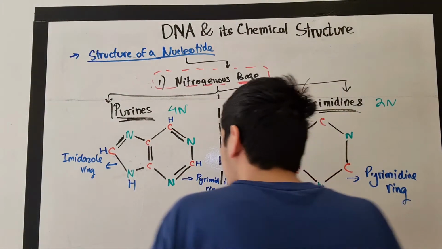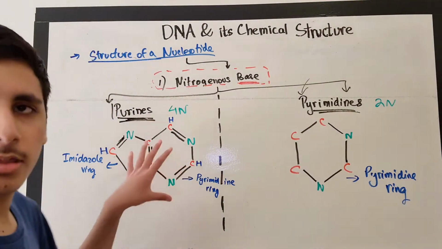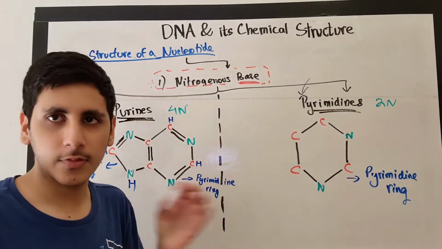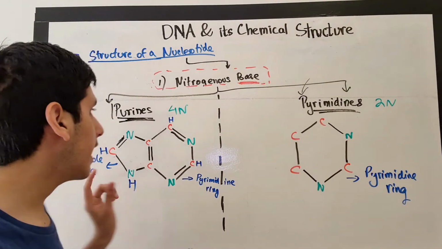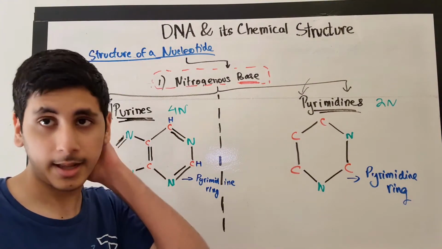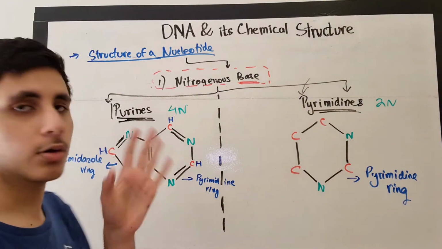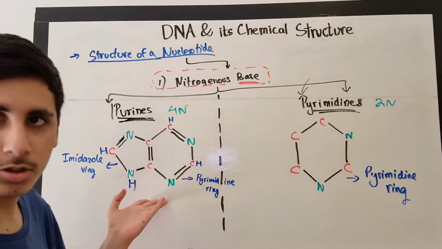So you might be wondering, this is the general overview structure of a purine and a pyrimidine, but you're telling me that adenine, thymine, cytosine, guanine, and uracil all have their own structures. So why are we having a general structure over here?